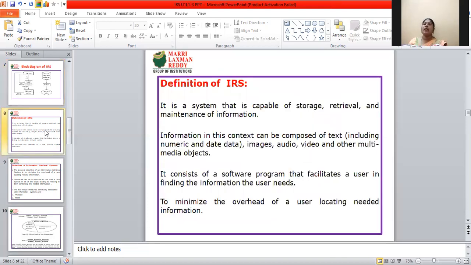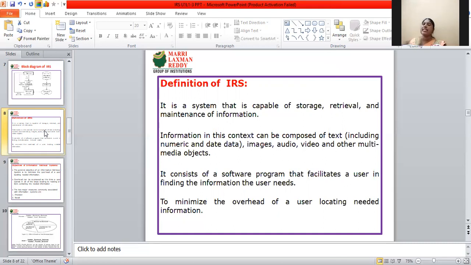Next one, the definition of information retrieval system. It is a system or a software program capable of storing the data and retrieving or accessing the data, maintenance of information, or organization of information.